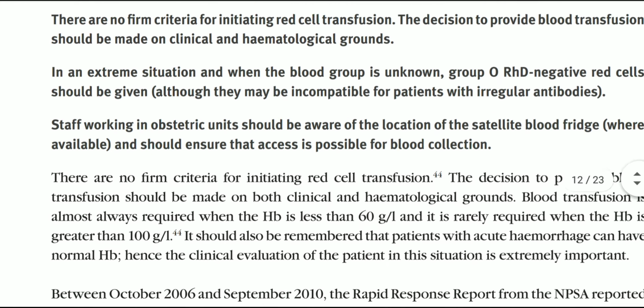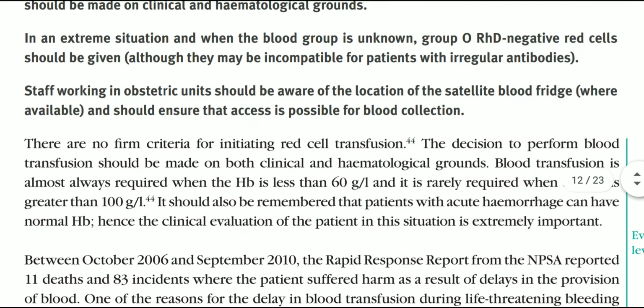Okay, so if we talk about the HB level, if HB is less than 6, then we should give blood transfusion. If HB is more than 10, we shouldn't give blood transfusion. But it should be remembered that a patient with acute hemorrhage can have normal HB. Clinical evaluation of the patient in this situation is extremely important. So not only the HB level, but the clinical evaluation of the patient is also very important.